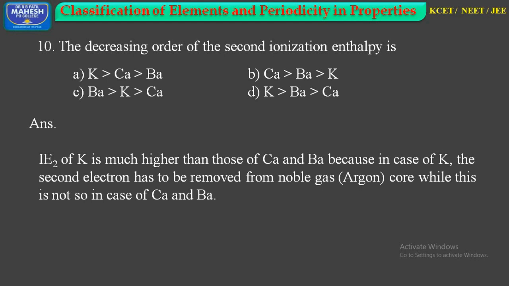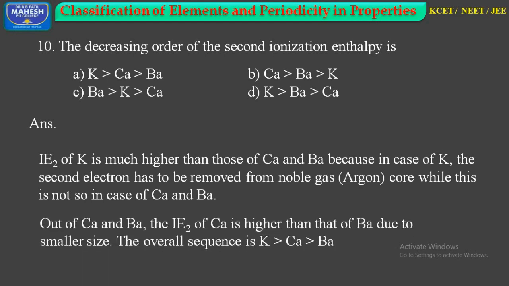Similarly, in case of barium, out of calcium and barium, students, if we compare, the second ionization energy of calcium is higher compared to that of barium, because of the smaller size of calcium. Thus, the overall sequence in the decreasing order is potassium, calcium and barium. So students, option A is the right answer.